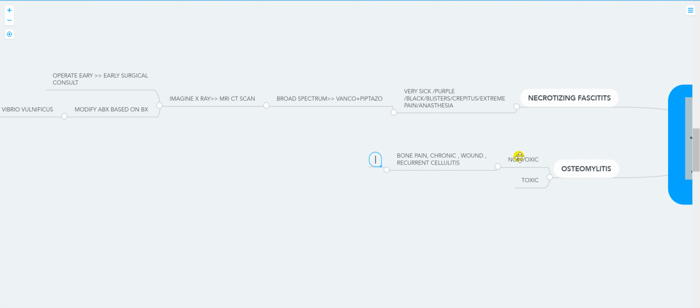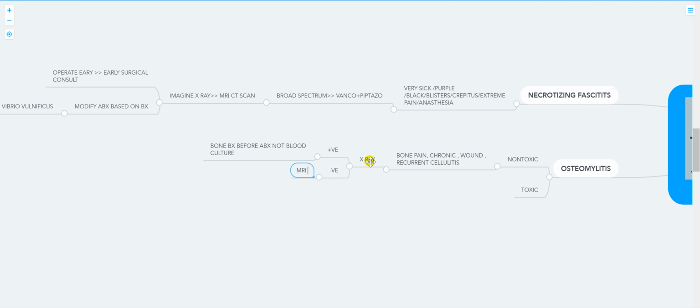How do we diagnose them? We do X-ray. If the X-ray is positive, then we do bone biopsy before antibiotics, not blood culture. This is bone biopsy, not a blood culture, because it's in the bone, you know. If the X-ray is negative, then we can go for MRI or CT scan, okay?